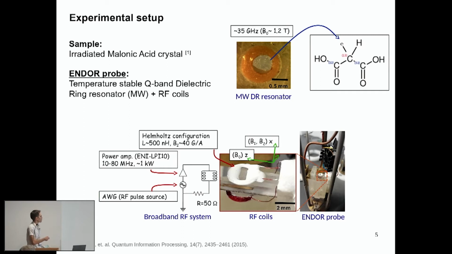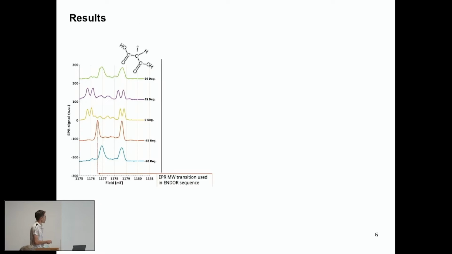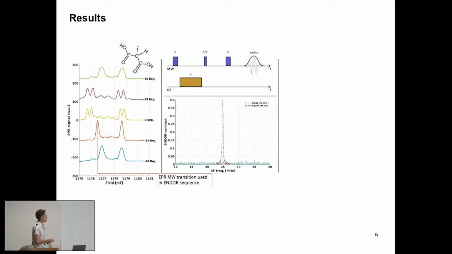We're using a homemade system with capabilities to both manipulate and read out the state of the electron spin, and also capabilities to manipulate but not read out the state of the nuclear spins. Anyway, I won't get into the full details, but we choose our experimental conditions.